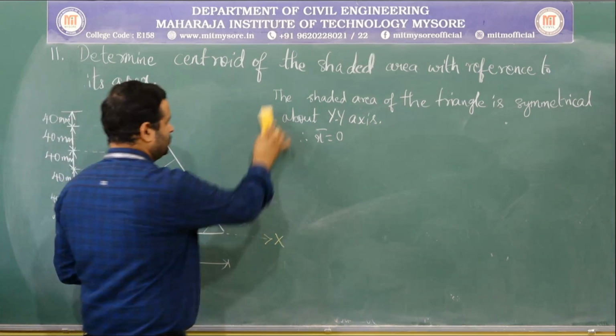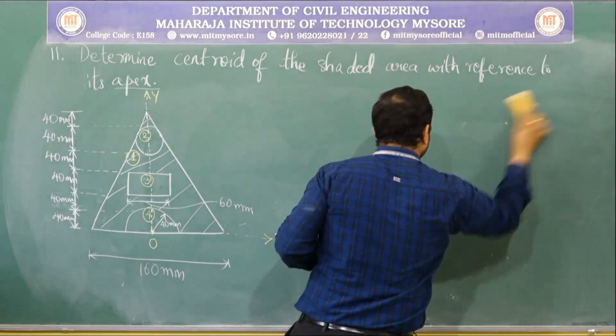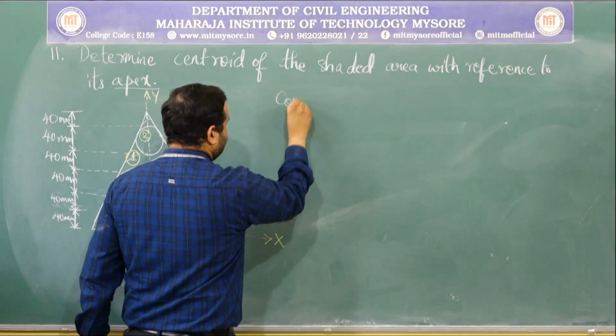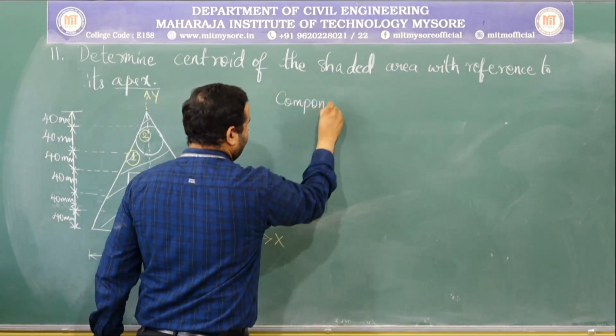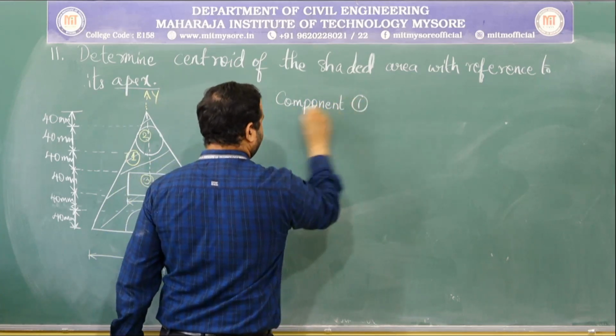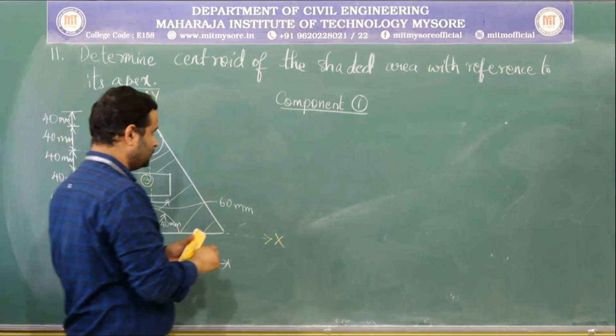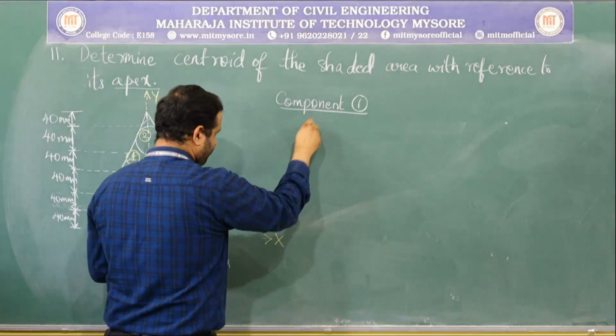Now, component 1. So, component 1 is a triangle.